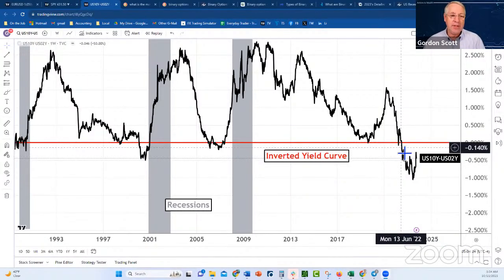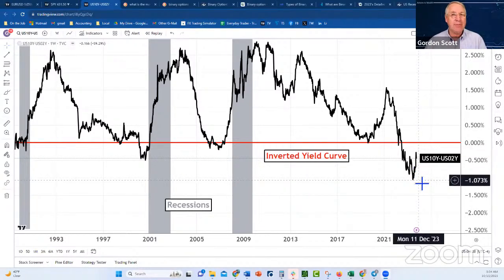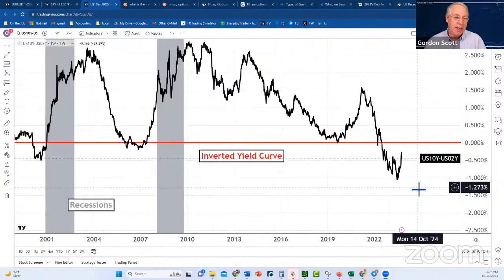And so people that feel like this indicates a recession ahead are looking at this and saying there's a huge, terrible, big, bad recession coming, and yet it hasn't really shown up yet.